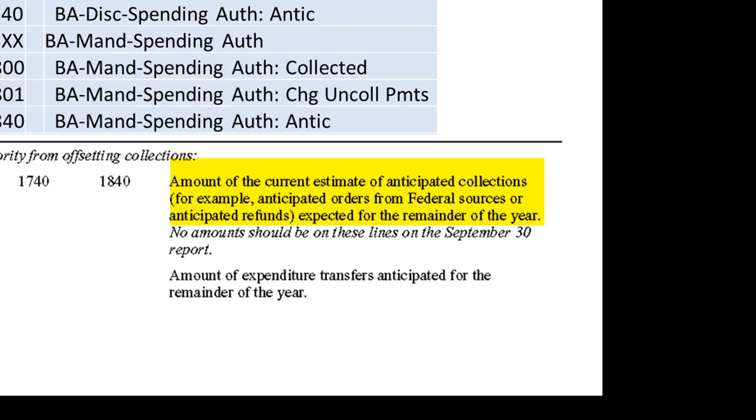This means that when you arrive at the end of the fiscal year, you can no longer anticipate this authority, and no amounts should be on these lines on the September 30th report. That's why you don't see line 1740 or 1840 on a program and financing schedule. Note here, we finally see the term expenditure transfer.